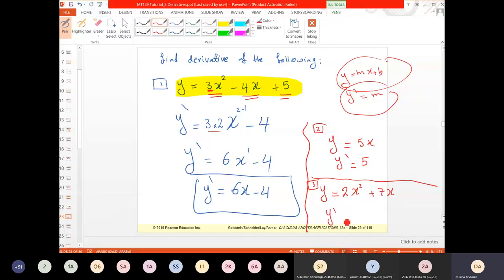What's y dash in that case? The 2 goes down, so this will be 4x, and the derivative of 7x is 7. So this will be the derivative here: 4x plus 7. Yeah? You have to practice doing more derivatives, okay? It should go very smoothly for you.